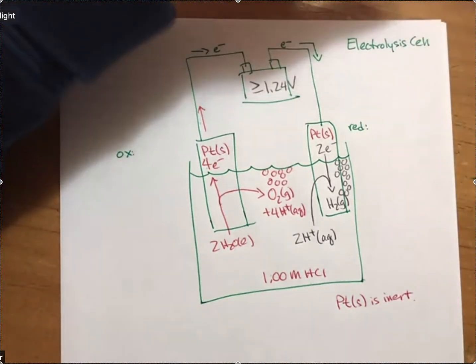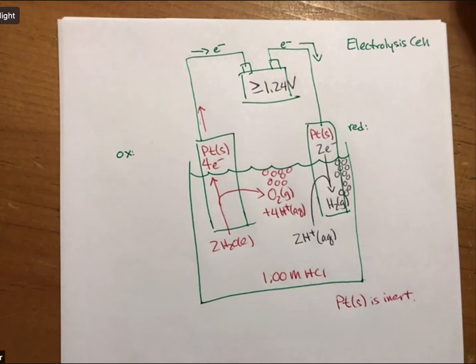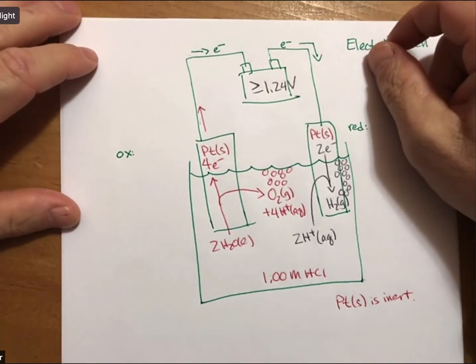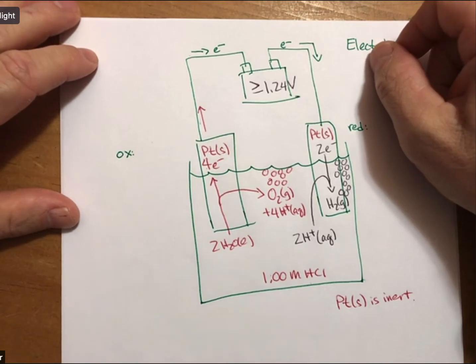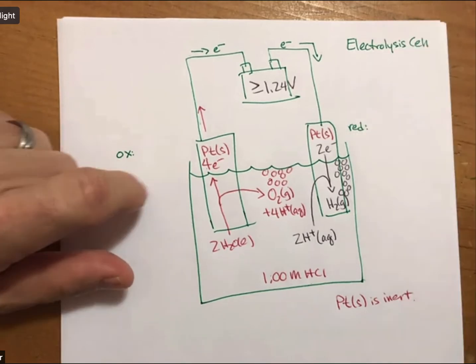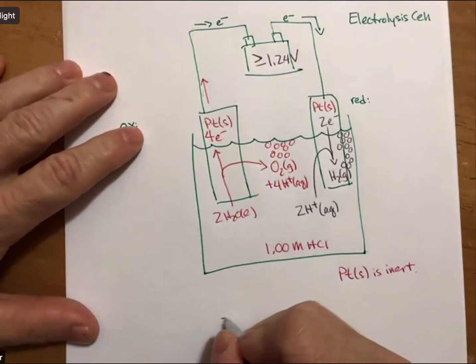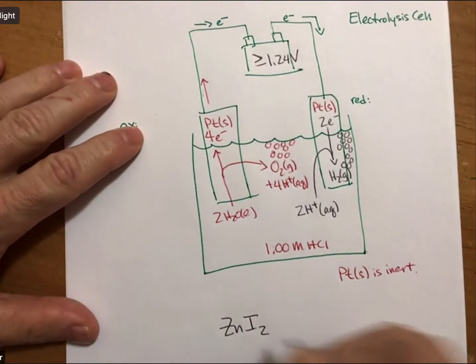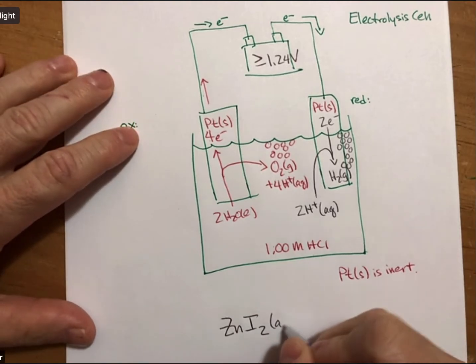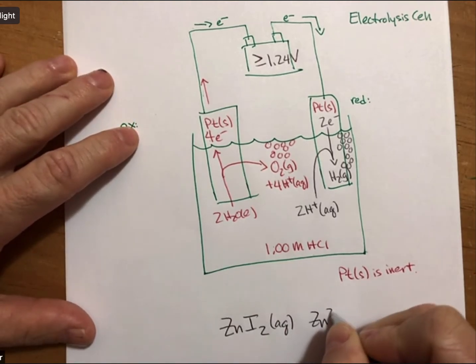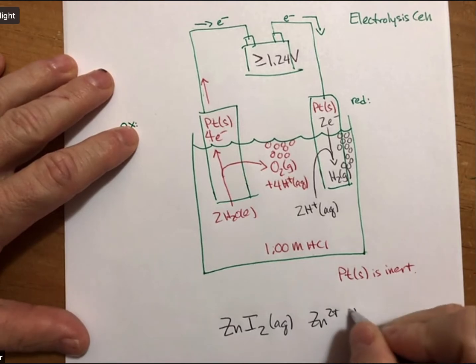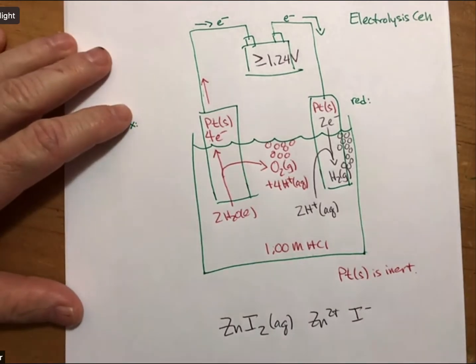So in mine it has zinc iodine. Would that mean that I would need to make the zinc solid the first plate? Ah, good question. So your solution, I think you said, Zeldin, was ZnI2? Yeah. So you have Zn2+ ions and I minus ions, right? Yes.